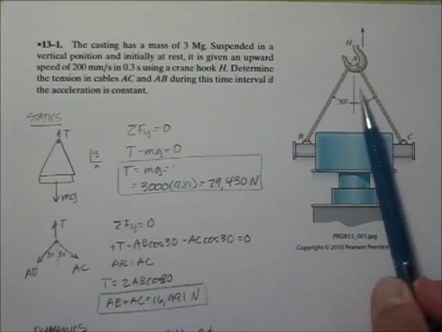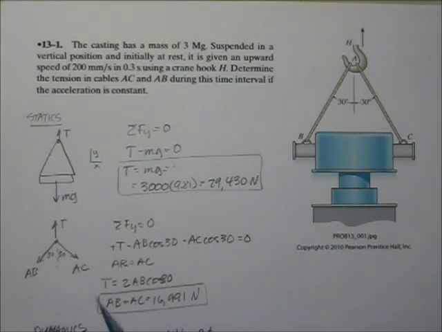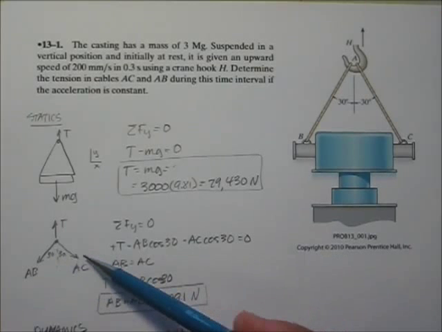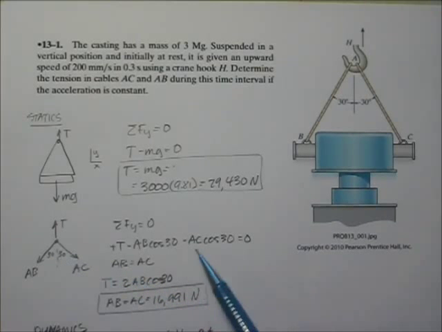To find the tensions in each cord, we do a point equilibrium problem from statics. The sum of the forces in y is equal to 0. I have a tension going up, and then components of each of these tensions coming down. Here's my 30 degrees, so I have a cosine component: this is AB cosine, and then another, AC cosine, on that side of the equation.